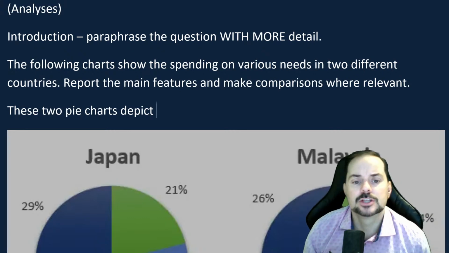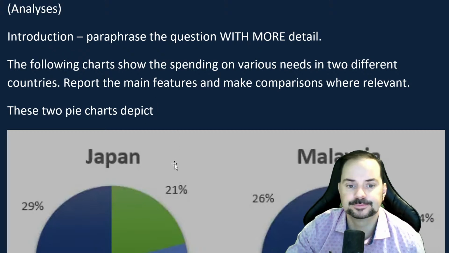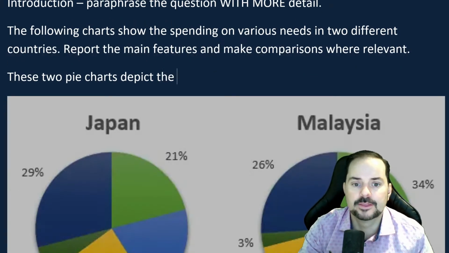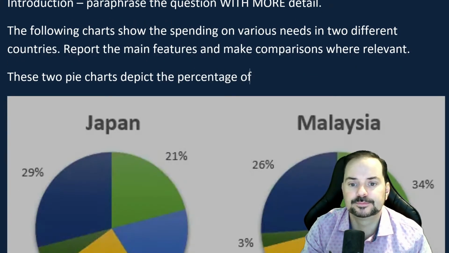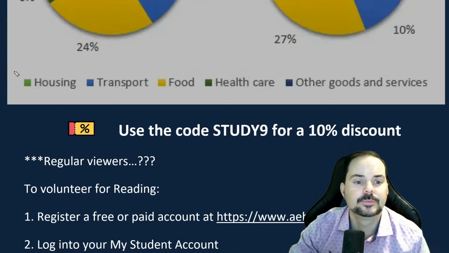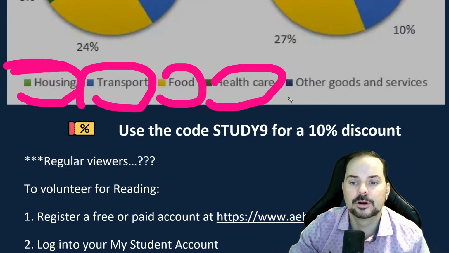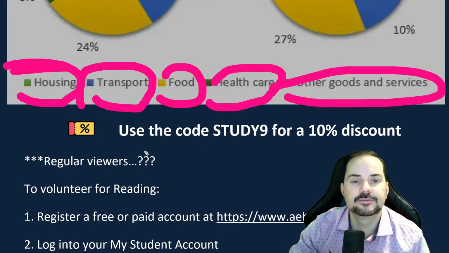That's awesome. So these pie charts depict the percentage of money spent on 1, 2, 3, 4, 5 different categories of needs, right?